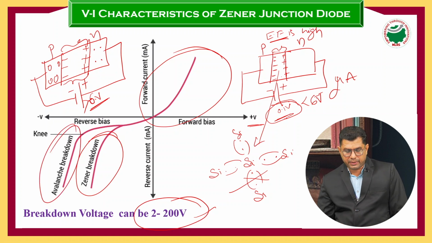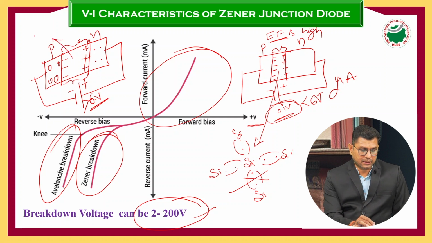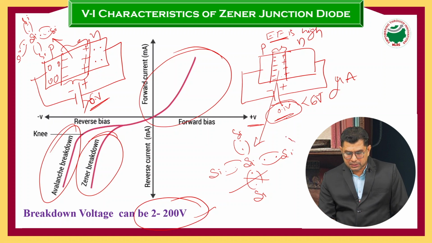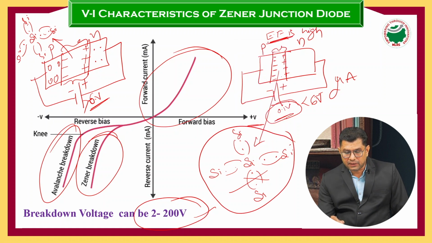What does avalanche breakdown mean? Again, silicon is covalently bonded with neighboring silicon, and these are the different covalent bonds. In the case of a Zener diode, because of the heavy doping, the internal field is sufficient to break this covalent bond.